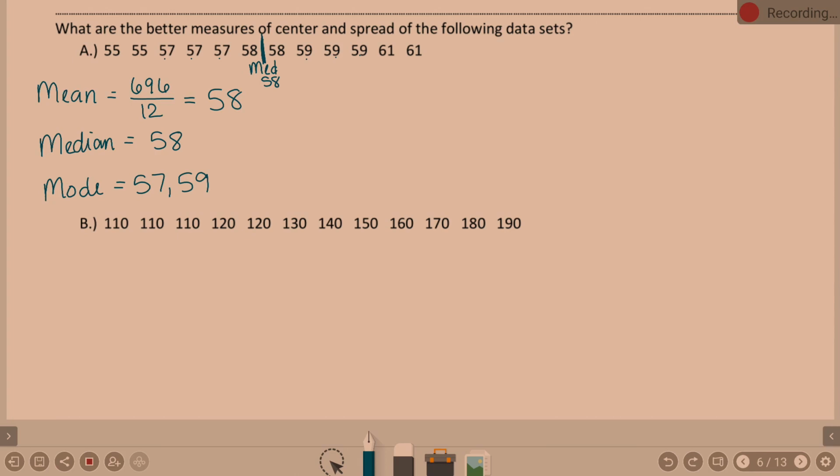So, piece of information, I'm going to write it this time. I'm going to say data appears symmetric. And one of the reasons we know that is because the mean, median, and mode are all about the same, similar, however you want to express that.